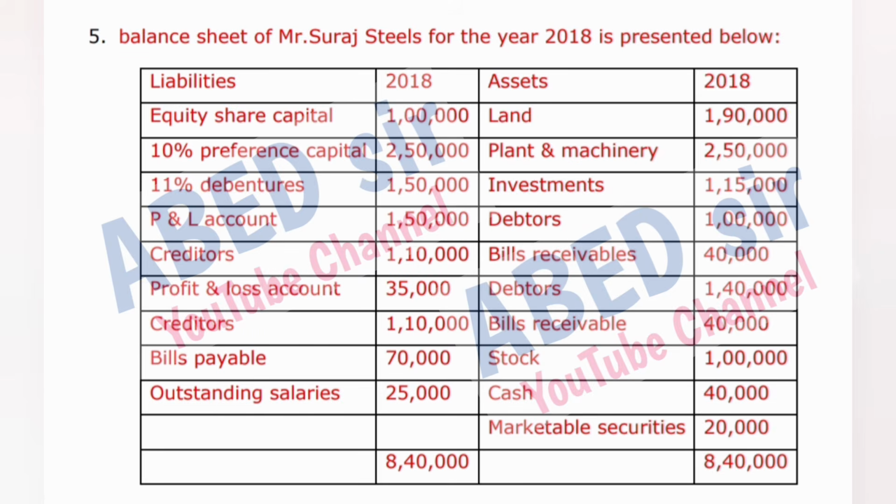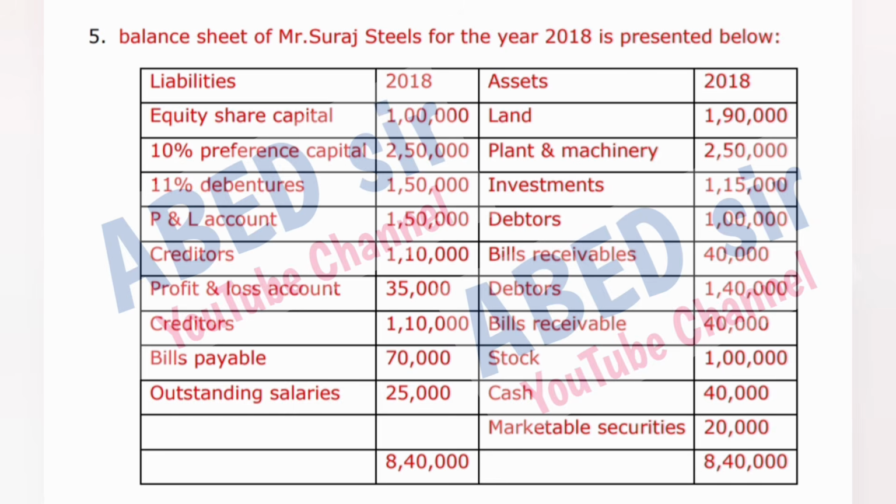Equity share capital 1 lakh, land 1,90,000. 10% preference capital 2 lakhs 50,000, plant and machinery 2 lakhs 50,000. 11% debentures 1,50,000, investments 1,15,000. P&L account 1,50,000, debtors 1 lakh. Creditors 1,10,000, bills receivable 40,000.